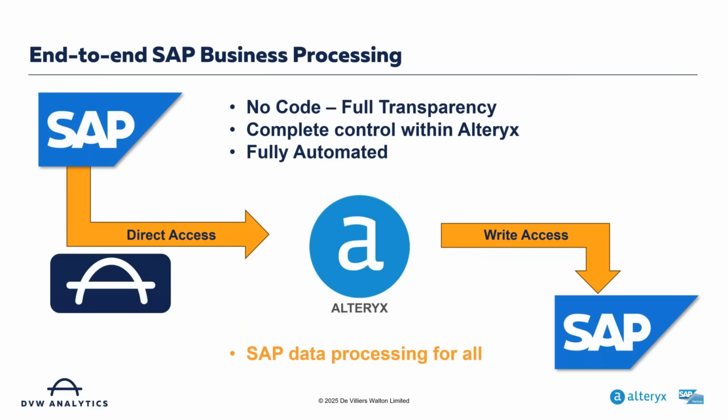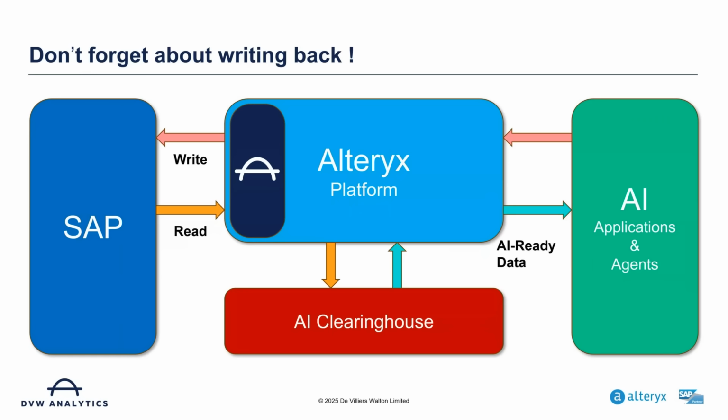But what about those use cases where, as a result of consuming or utilizing AI, we want to add the right data back into SAP as part of our particular process? This is something a lot of our customers are starting to take advantage of now. Use cases aren't always massively ambitious in scale, but they're discrete and the value is immense. So let's not forget about the ability to write data back.